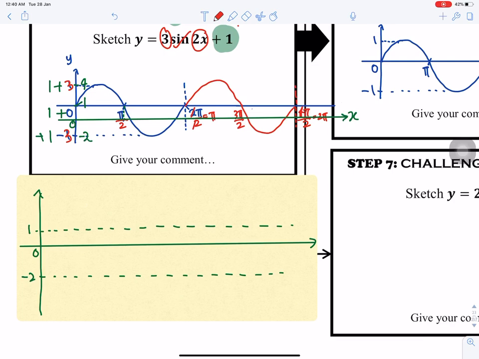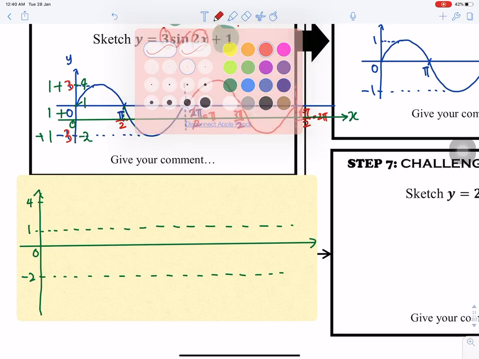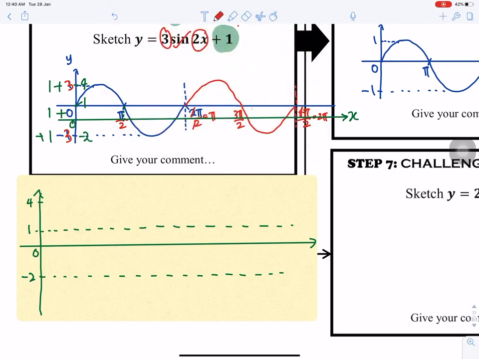From 1, another one is 4. Alright, this is 4, amplitude 4. And now from 1, which used to be the x-axis. Okay, 1 complete cycle.